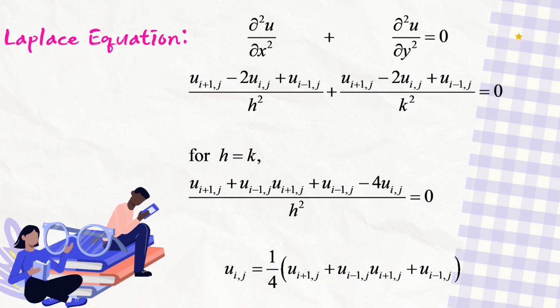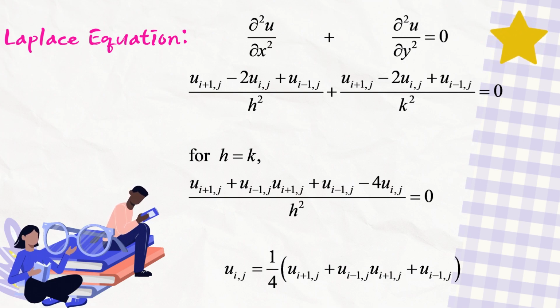The Laplace equation is given: d square u over dx square plus d square u over dy square equals 0. Notice that d square u over dx square has been formulated in the previous slide. Similarly, d square u over dy square also has been formulated in the previous slide.